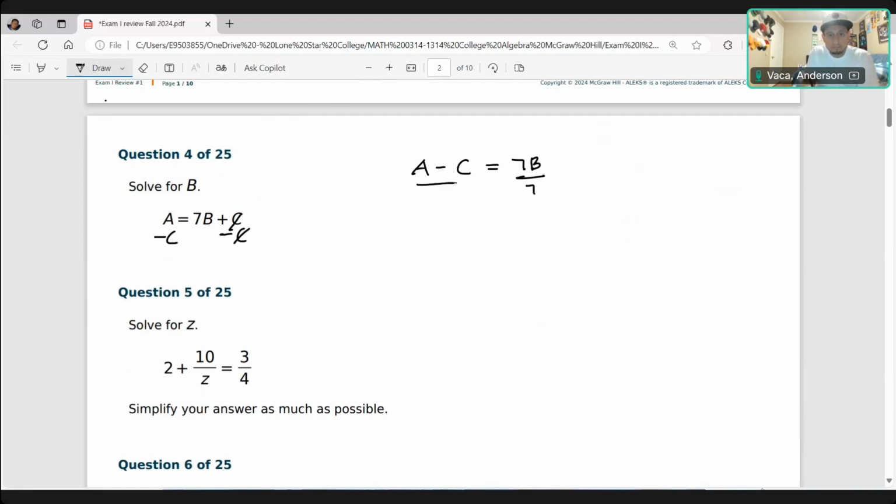Divide by 7, divide by 7, and therefore A minus C, everything divided by 7, will be equal to B. If you prefer to write it in this form, that's perfectly okay, as long as we are saying that B equals that.